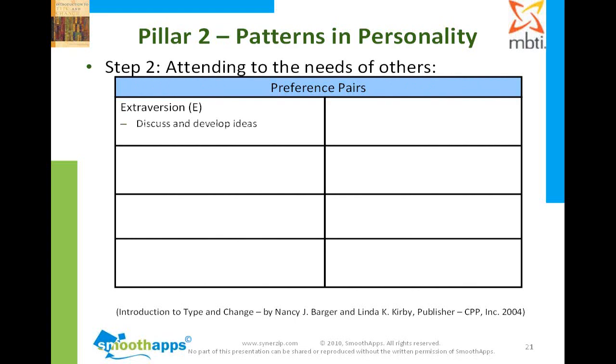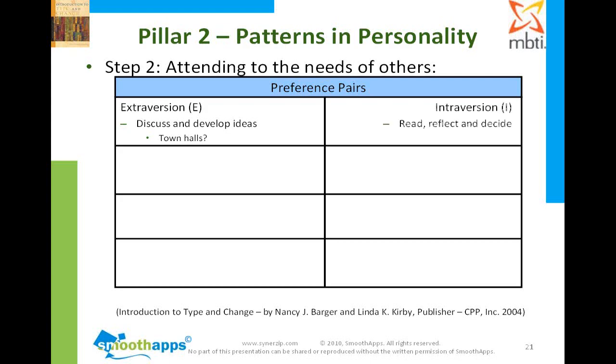Extroverts need the ability to discuss and develop ideas, and you can't just hand it down to them and say, just go do it. So one possible application of this is maybe you need to have town halls or group meetings where the extroverts on your team get a chance to brainstorm with you, refine the ideas, and get engaged and be part of the solution.